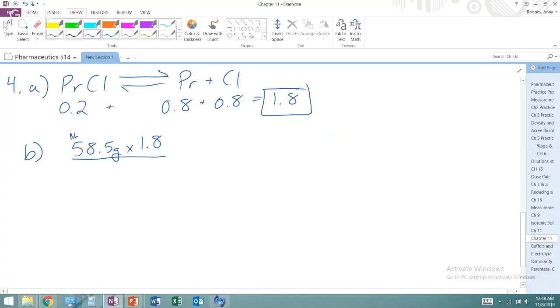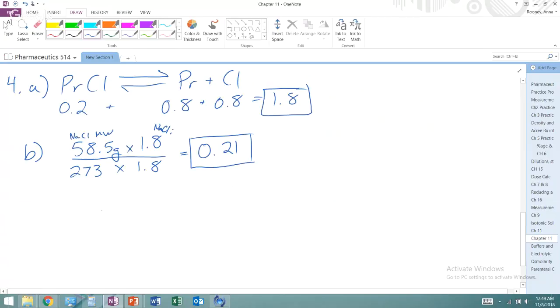So this is sodium chloride's molecular weight, and this is sodium chloride's I value. And then you take procaine, which is 273, times the I value that we found up there. And then you will find that the E value is 0.21. So there's your E value.